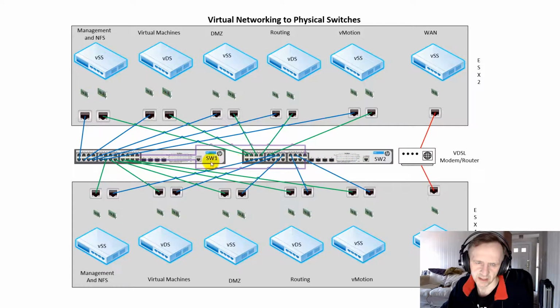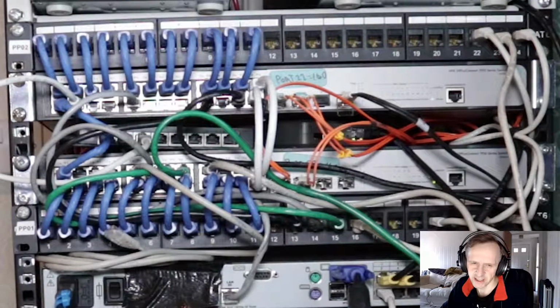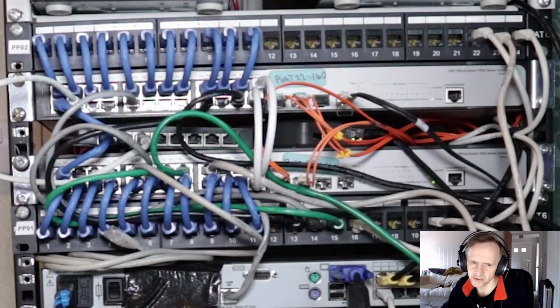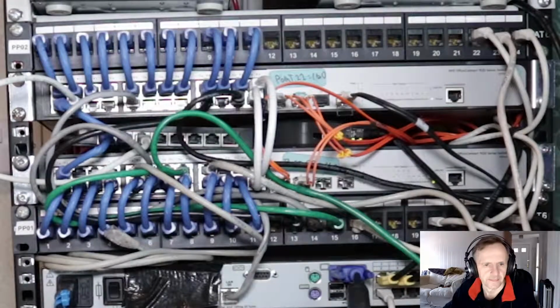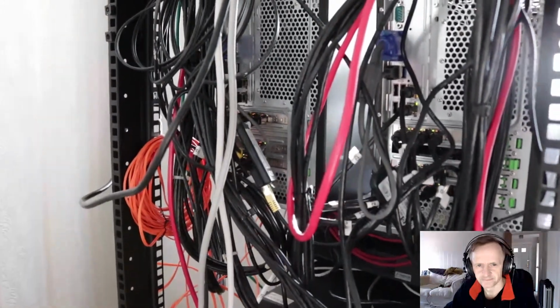The switches have got different ports connected because switch 2 is the top switch in the rack, and I've got a patch panel directly above, so the cables go directly into there in small little 1U cables, and then from the back of the patch panel they go into each host, which I can show you quickly now from a previous video.